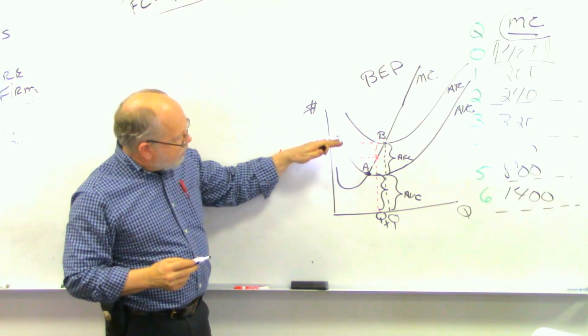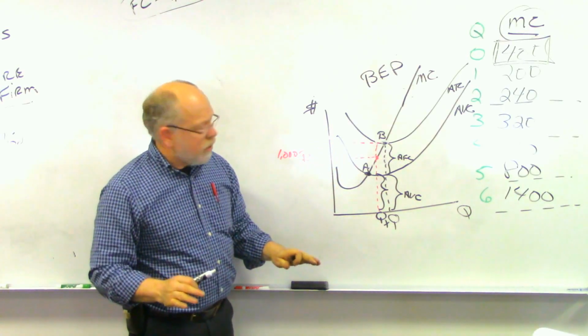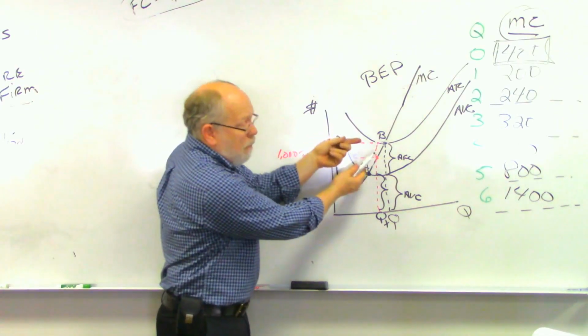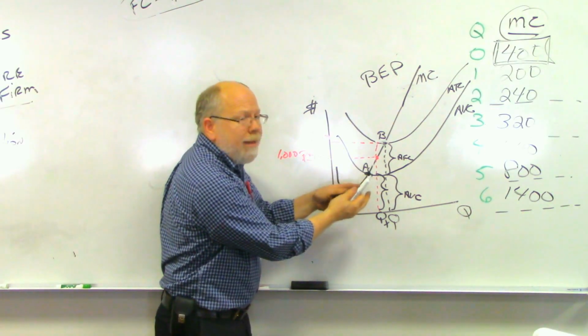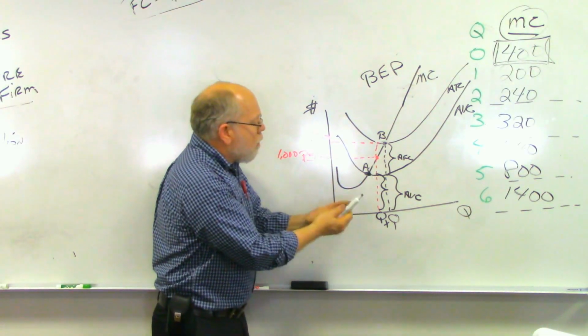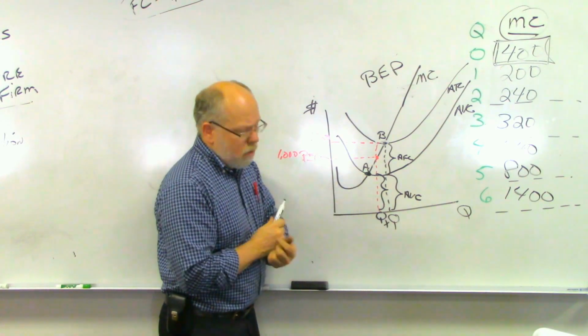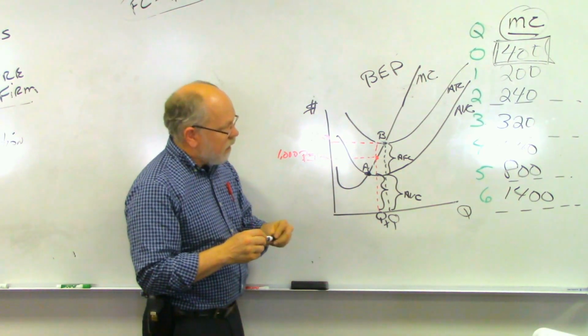If the market price gets low enough down to here, we say shut our doors. This thing isn't even paying, not only is it not paying the lease, but it's not even paying for all the raw material and the help. So we're better off shutting down here than even keeping our doors open, because now it's not paying any of our fixed cost.